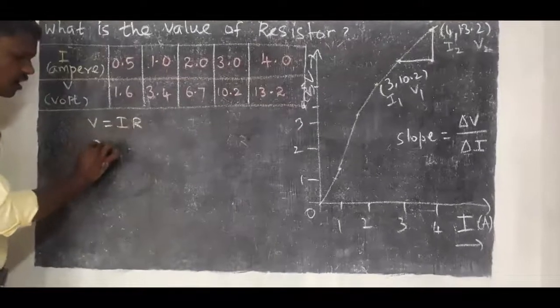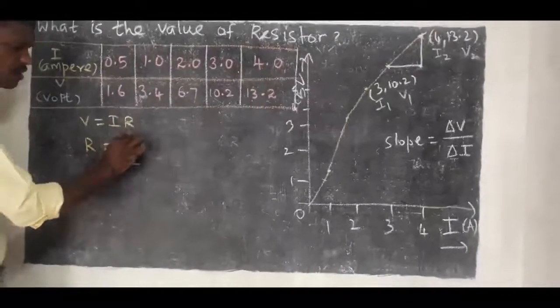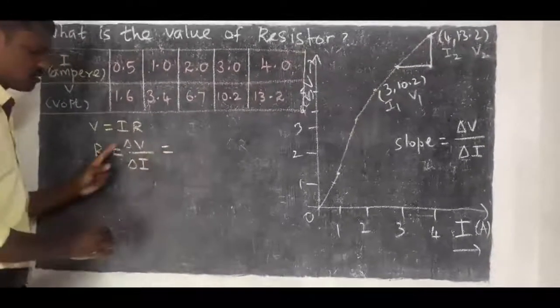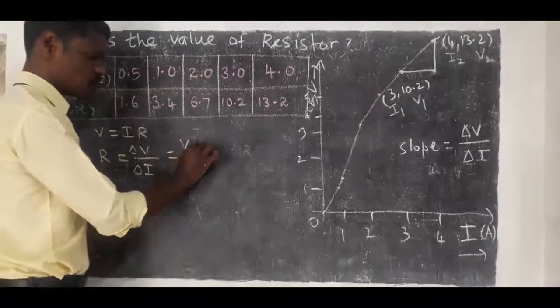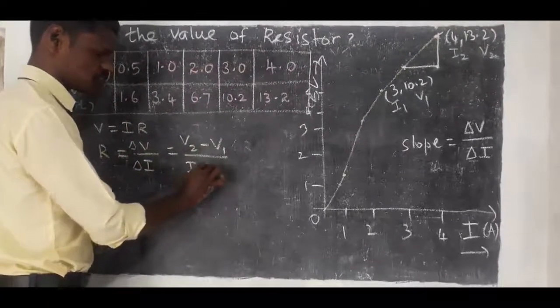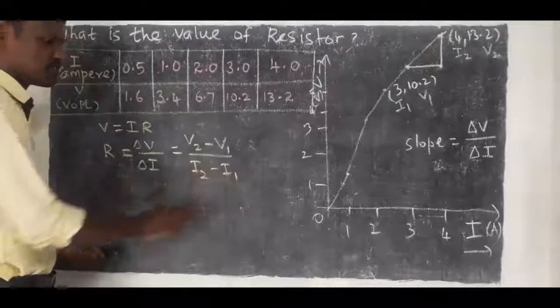So now we find the value of R: V by I, that is delta V divided by delta I. Delta V means V2 minus V1, divided by I2 minus I1, the change in the current and the change in the potential difference.